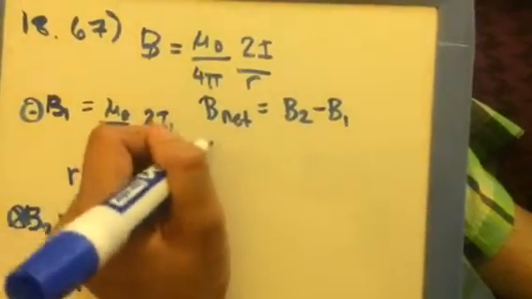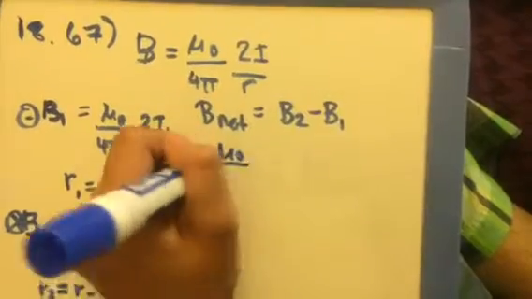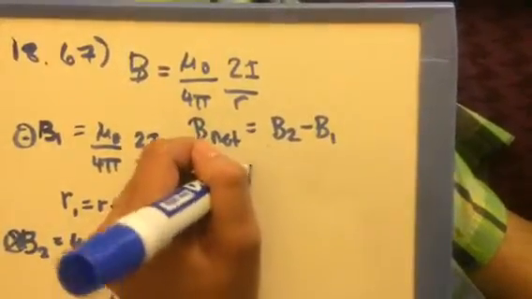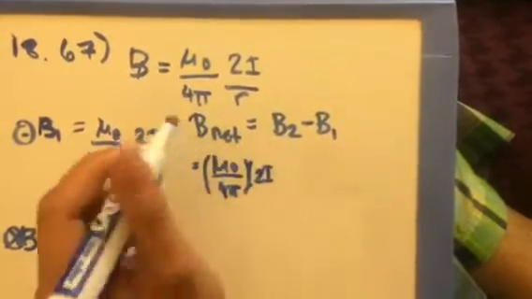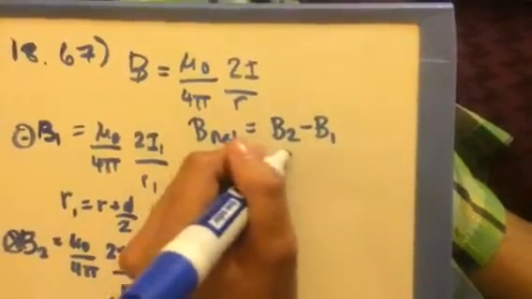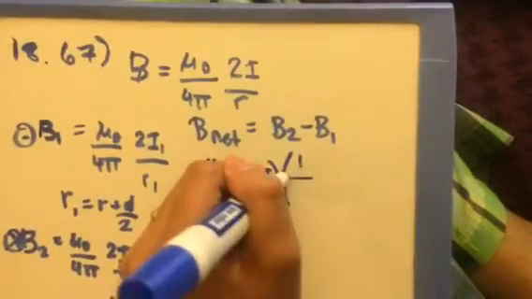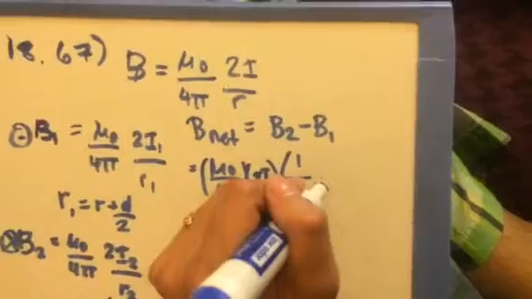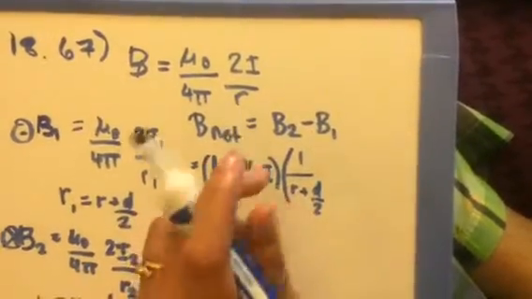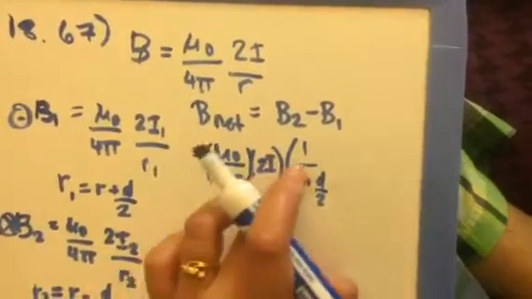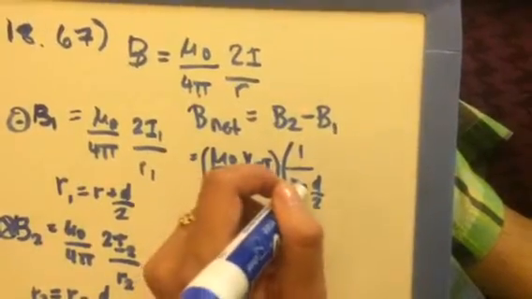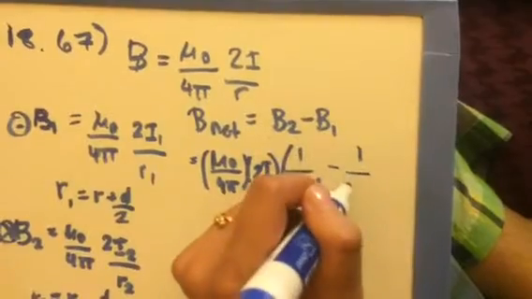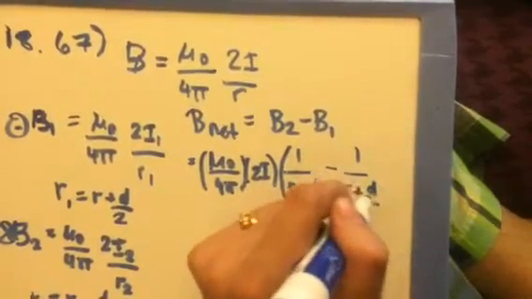So it's equal to mu naught over 4 pi times 2I times 1 over R minus D over 2, minus 1 over R plus D over 2.